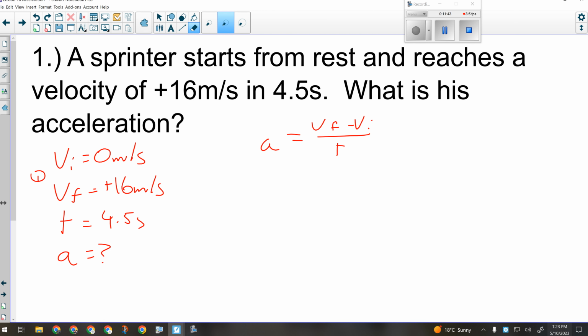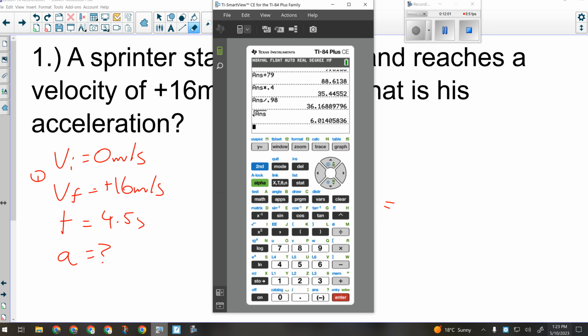You've got a lot of formulas on your formula sheet. The reason we write our givens down is to figure out which one we want to use. I don't have to manipulate it. I just have to plug in my numbers. So we would have positive 16 minus 0 divided by 4.5. And then that will give us our acceleration.